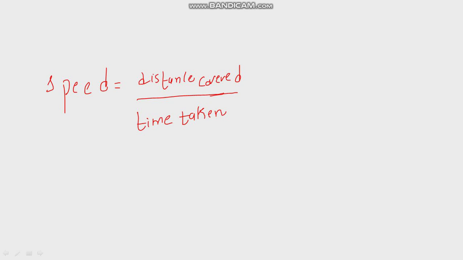Let's say the distance covered is 100 meter and the total time taken is 10 seconds. So the speed turns out to be 100 divided by 10, which is 10, and the unit is meter per second. The SI unit of speed is meter per second.